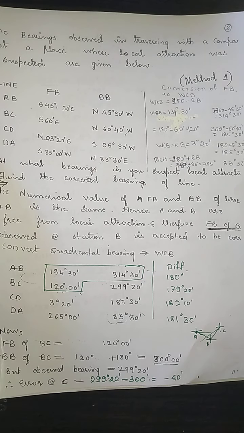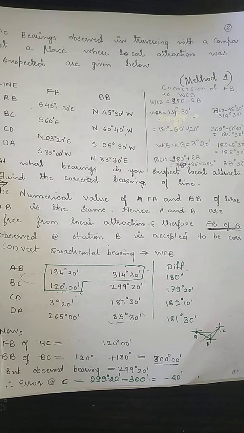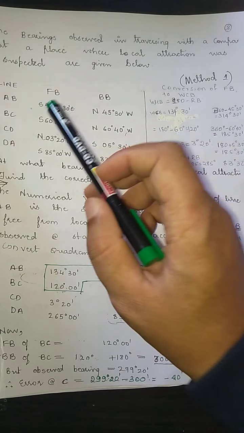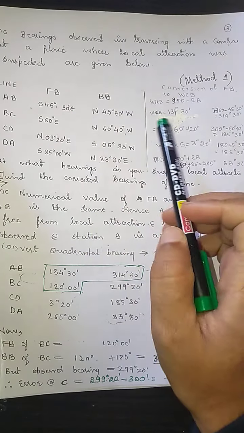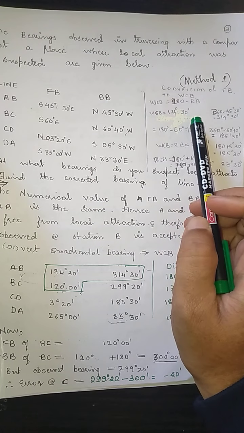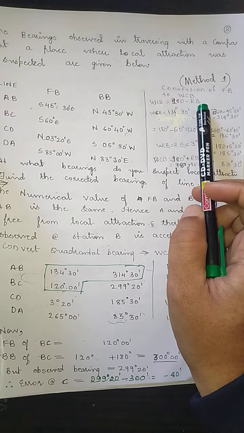Now we need to convert all these quadrantal bearing systems into the whole circle bearing system. In previous classes we have discussed how to convert the quadrantal bearings to the whole circle bearing system. The formulas we have already discussed, but again I'll show it now. South 45 degree east: we can convert it by using the formula 180 degree minus reduced bearing.